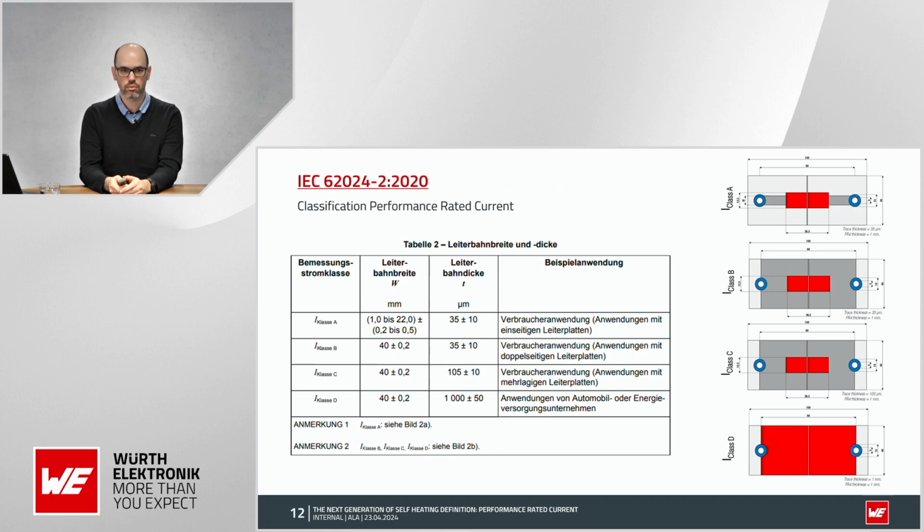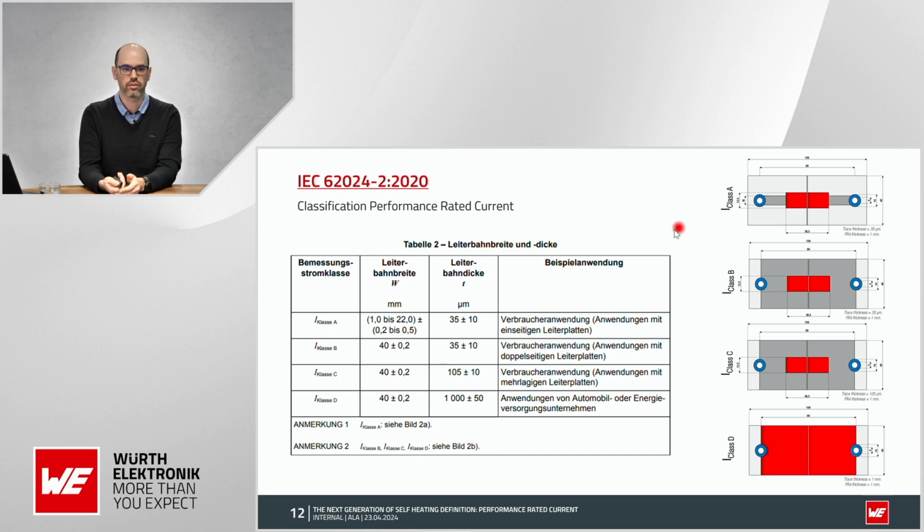And this is where I want to introduce the IEC standard 62024-2, because this standard is defining how to measure the rated current, and it's also classifying 4 different kinds of PCBs you can use for that measurement.